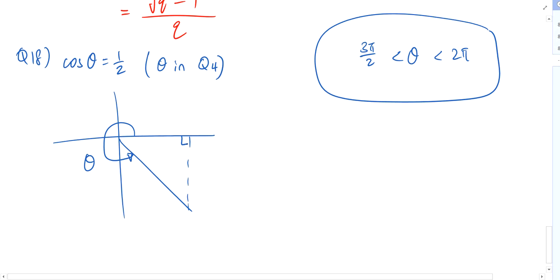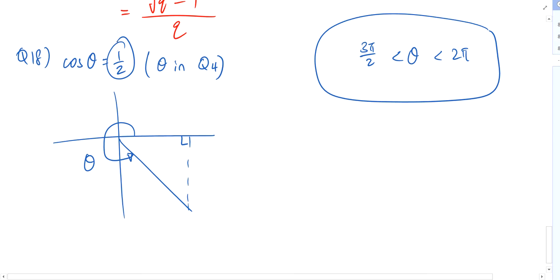Since cosine theta is half, and this is a trigo ratio, which ratio do we have on the board? Which one over which one? Cosine theta. Which one over which one? Huh? Y? Are you sure? Cosine is x over r.